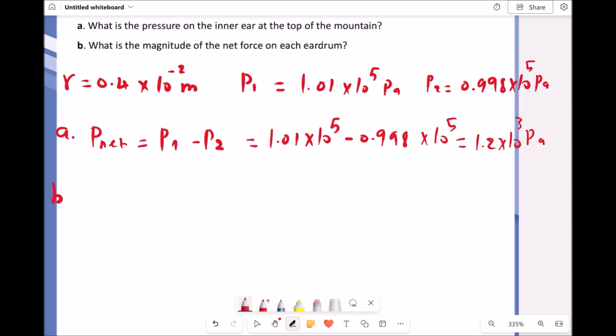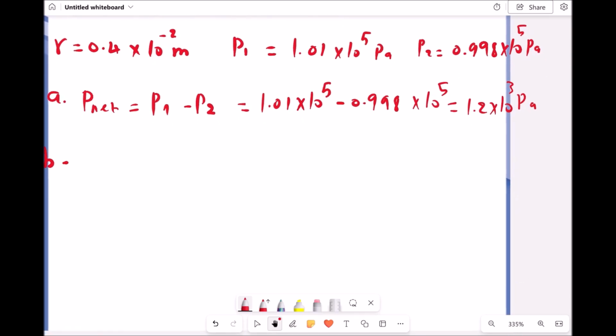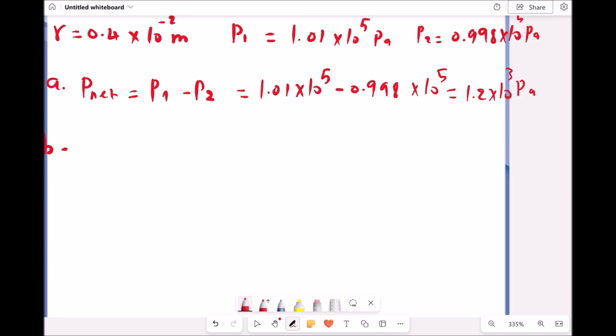B, it says, what is the magnitude of the net force on each eardrum? So it needs the force. Now look. You have pressure, which is equal to F divided by area, which is force divided by area.